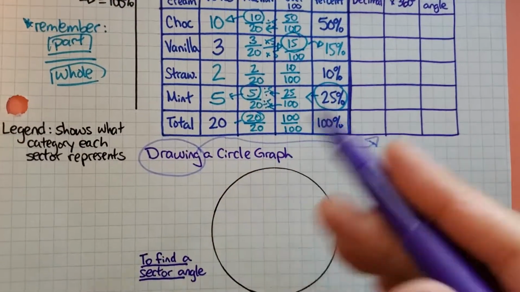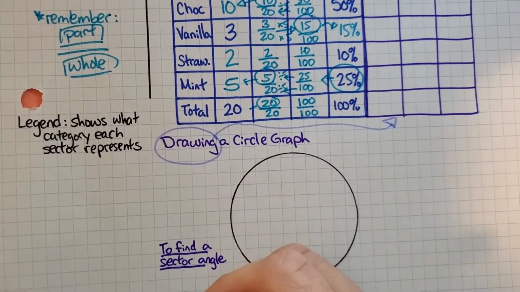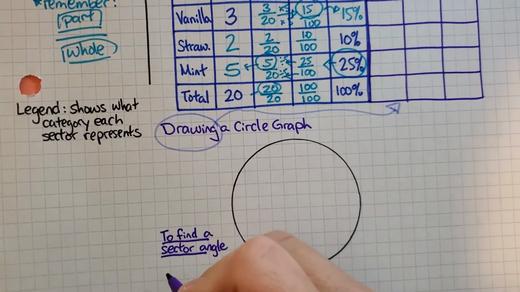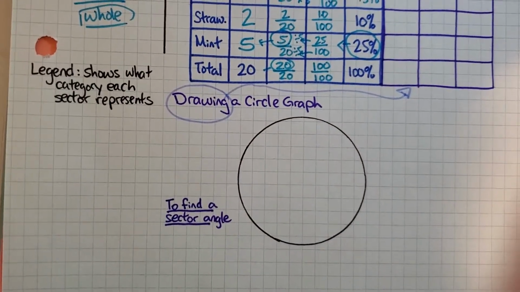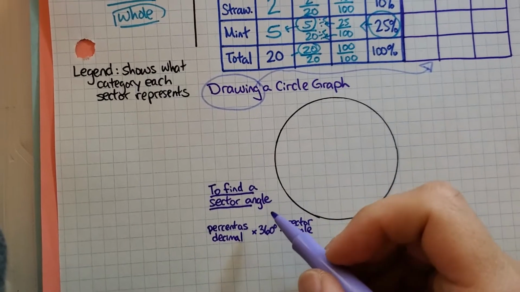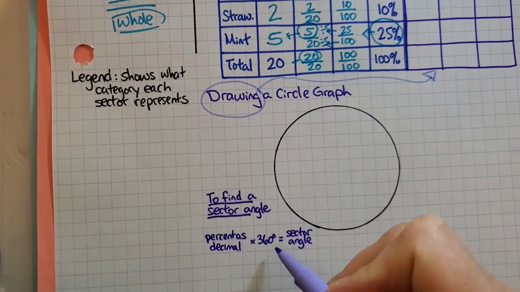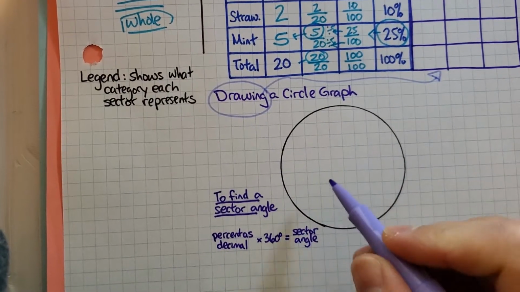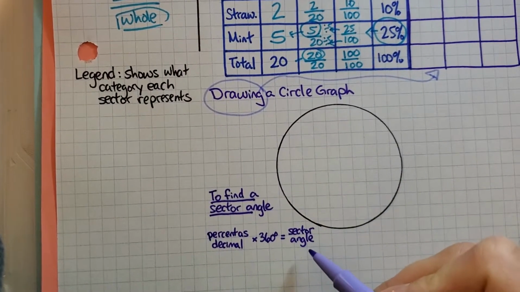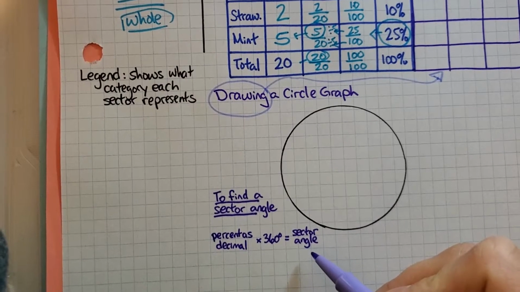To find the sector angles, we're going to take the percent as a decimal, multiply it to the total degrees of a circle, 360, and that's how we'll get a sector angle.